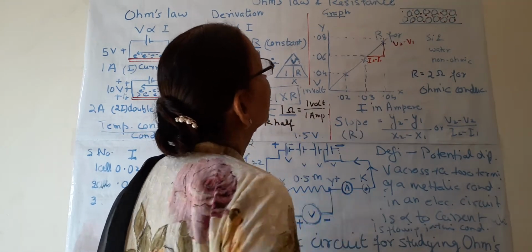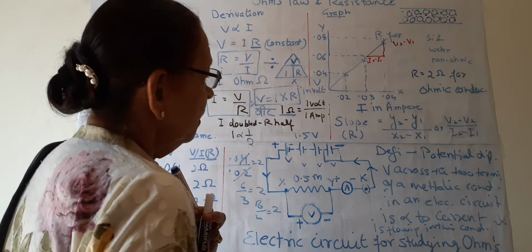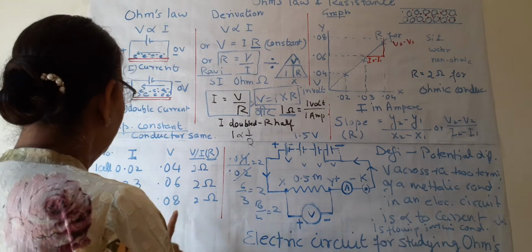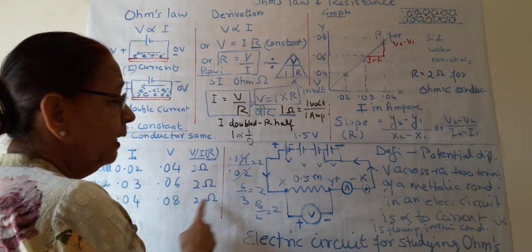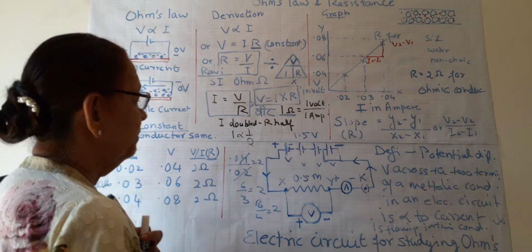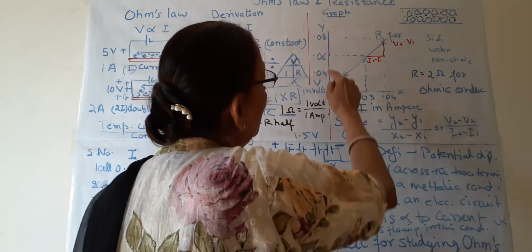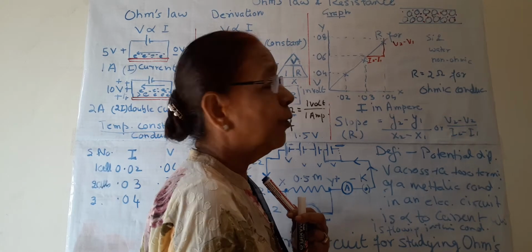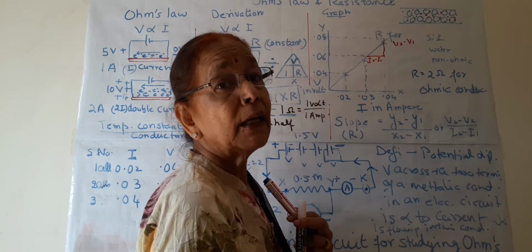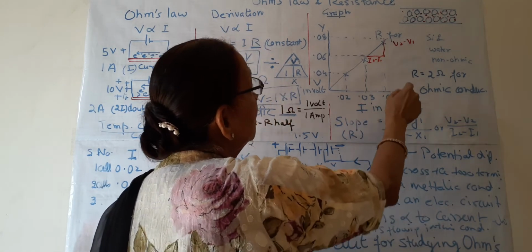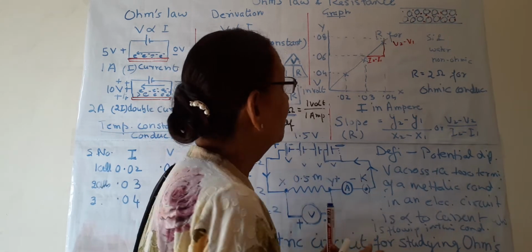So this is resistance. Now one more thing is left. When we make this table, when we have done this experiment, we want to draw a graph to show how R is calculated. This is helpful for doing certain numericals.